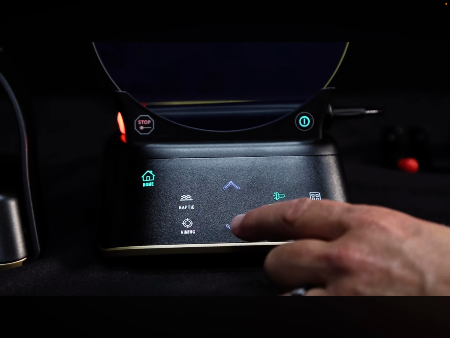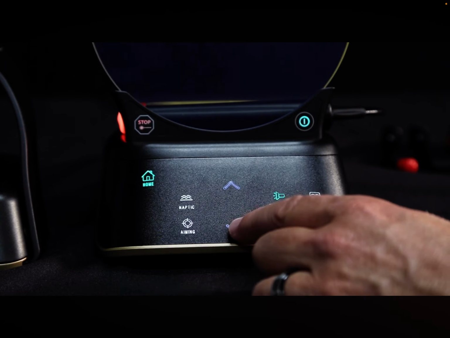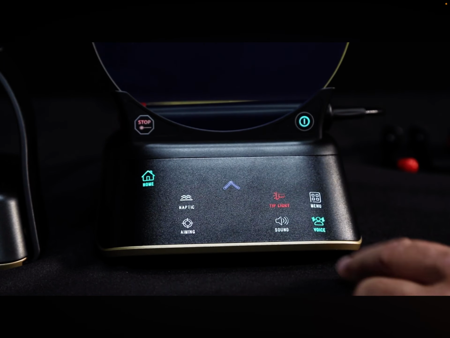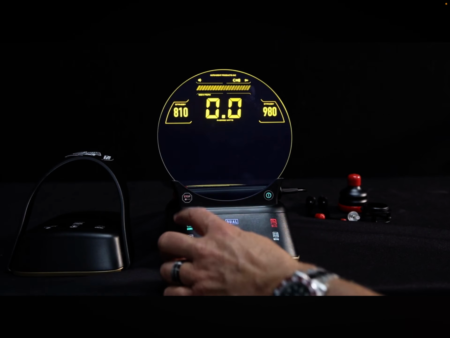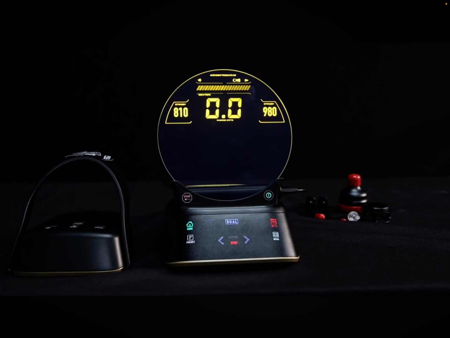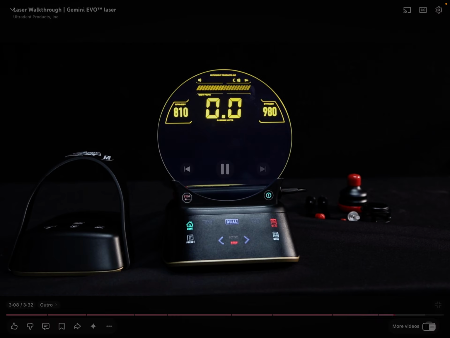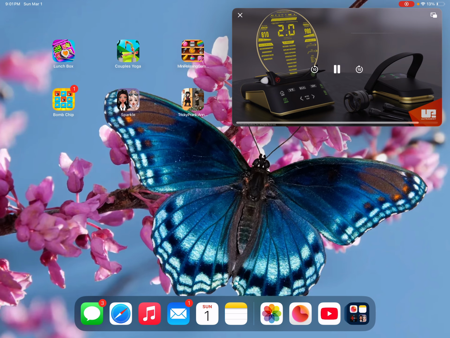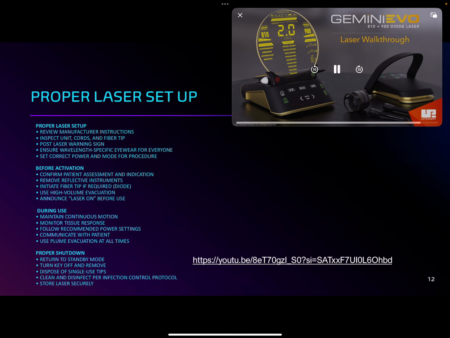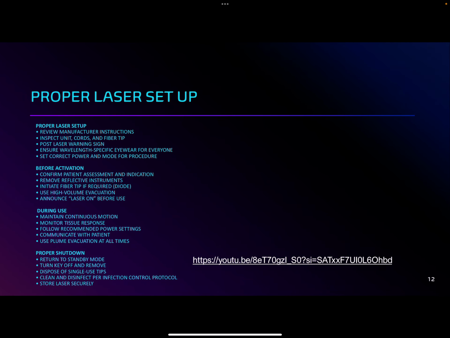Its intensity can also be adjusted between low, medium, high, and off. Many of the options and settings of your Gemini Evo are customizable through the unit or the dashboard. This concludes the Gemini laser walkthrough. Be sure to watch our other Gemini Evo videos, unboxing, and dashboard tour for more information.